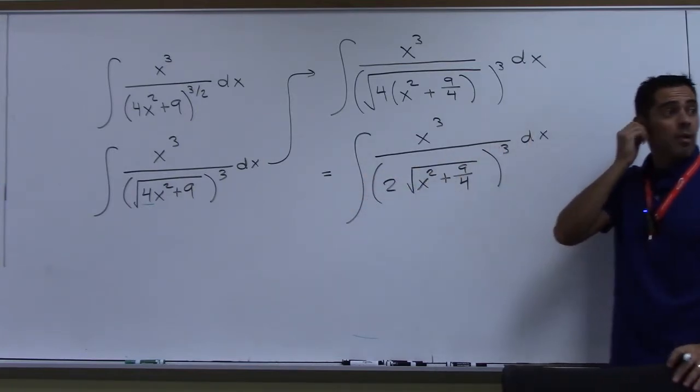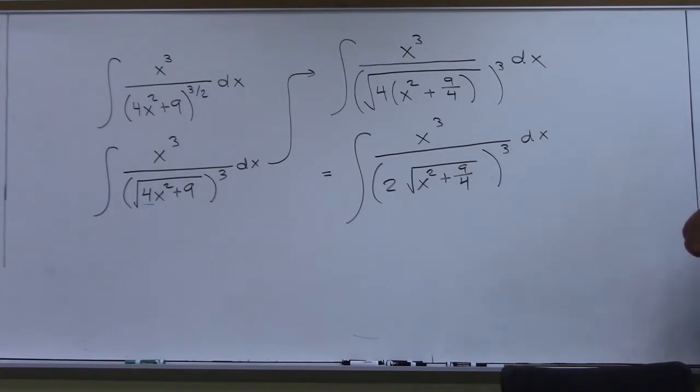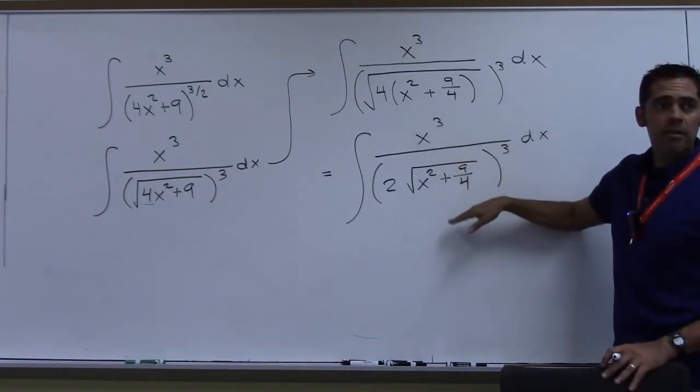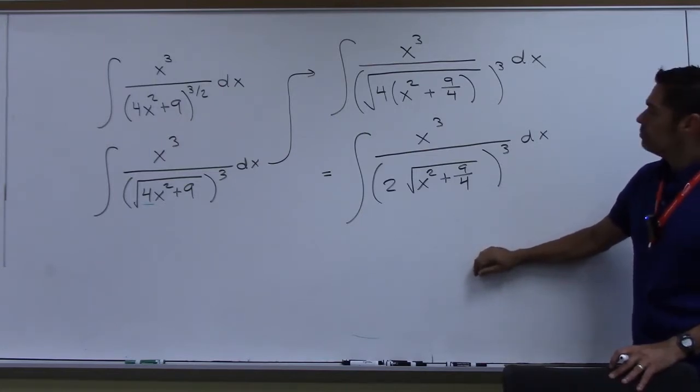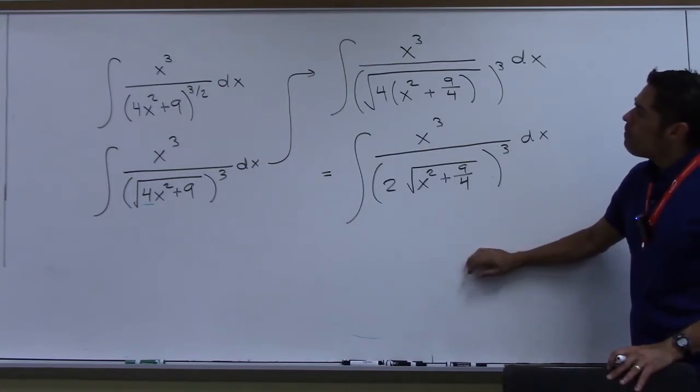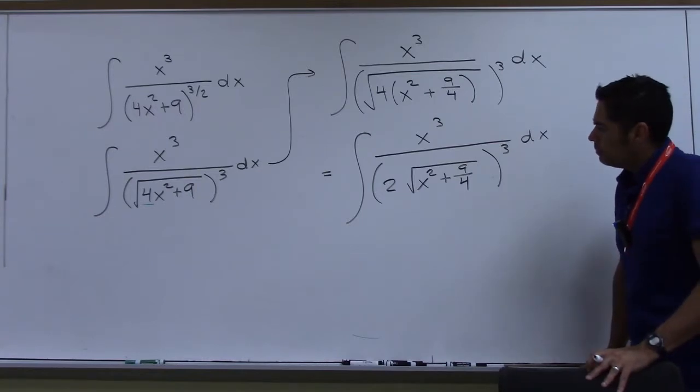I need you to ask me a question if you're lost on any of this. So it's going to be a 1/8 that comes out of the integral. No questions from here to here? Can't you plug in x equals a tan theta for x squared plus a squared?